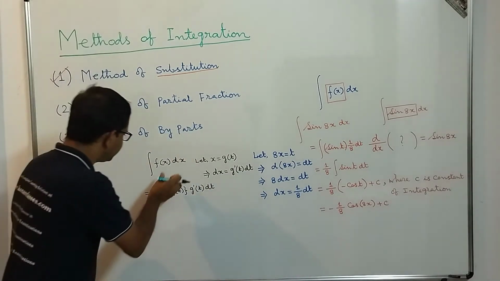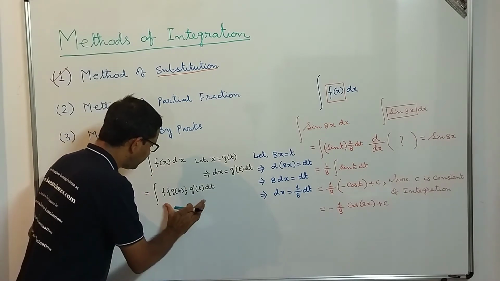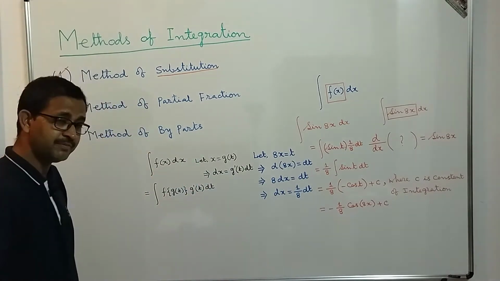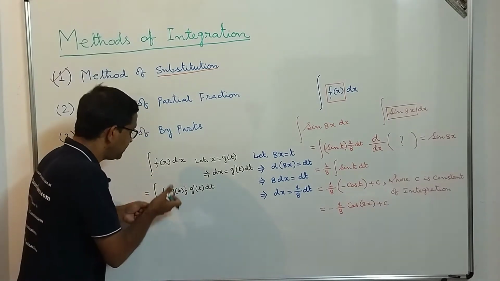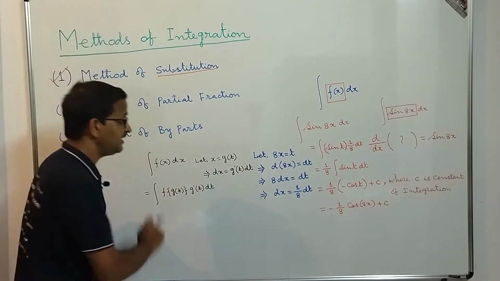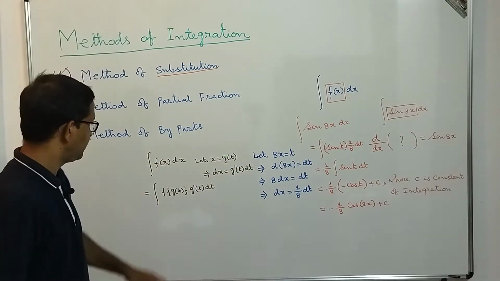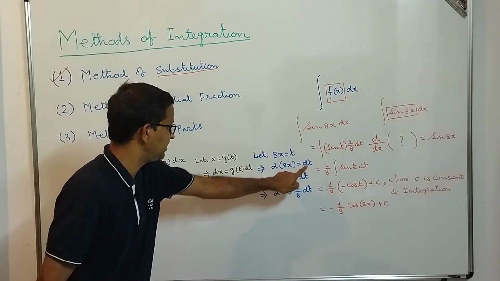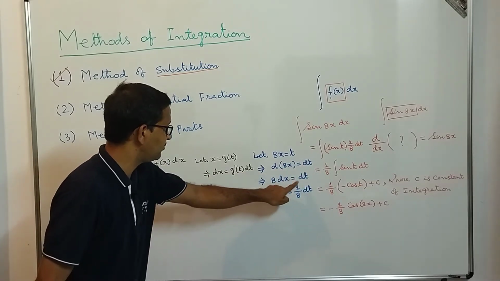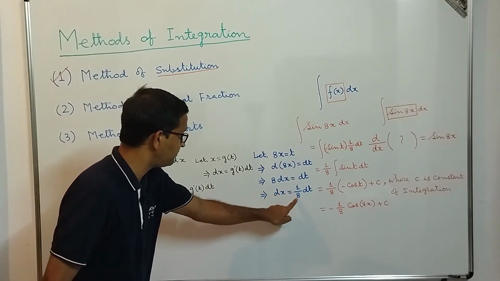You may think, sir, you started here and landed up with something that looks a little complex, but not really. Because of this substitution, that integration becomes very easy. Here we have taken 8x equal to t. So d of 8x equal to dt. That means 8 dx equal to dt. So dx equal to 1 by 8 dt.